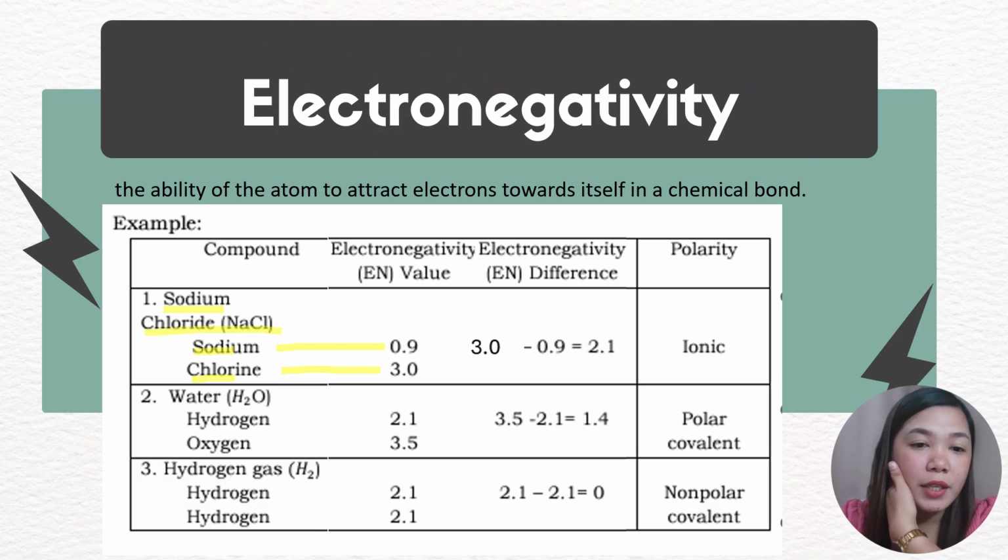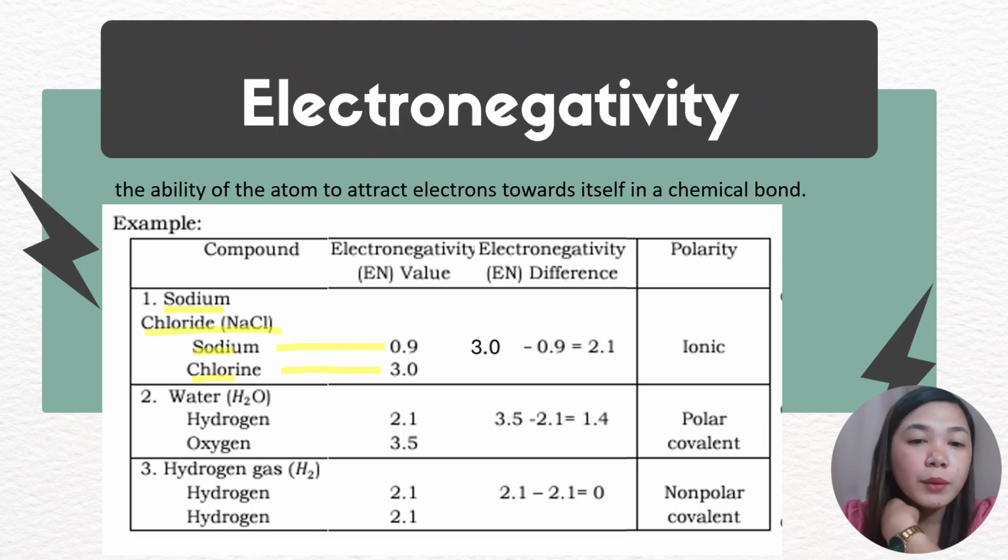So we have 3.0 minus 0.9. Always remember, it does not matter which element comes first; rather, whichever has the bigger EN value is the one you put first in the difference.